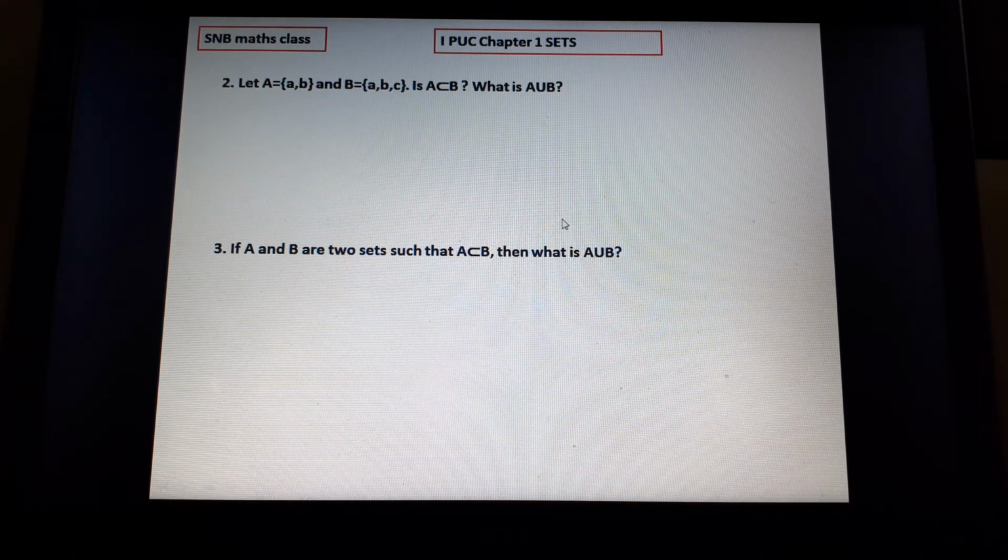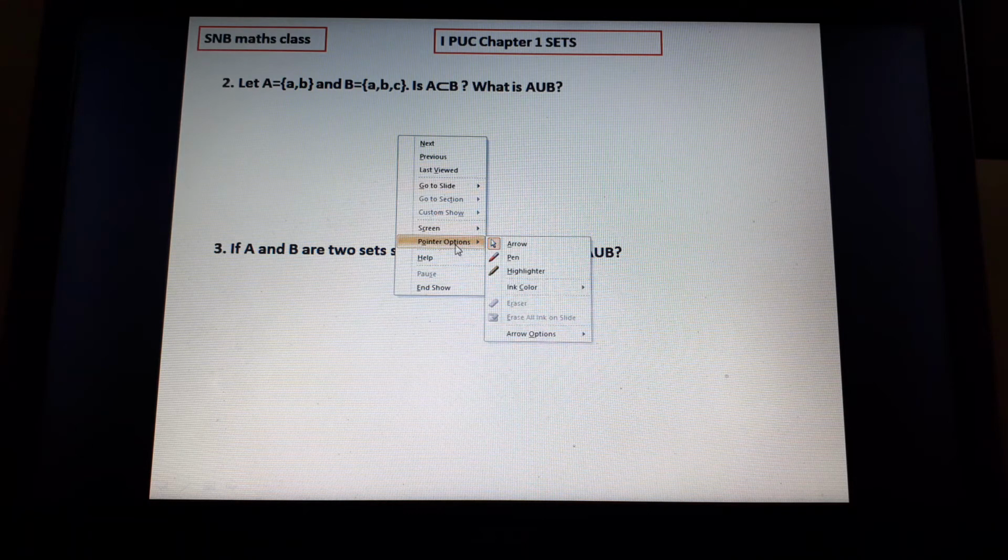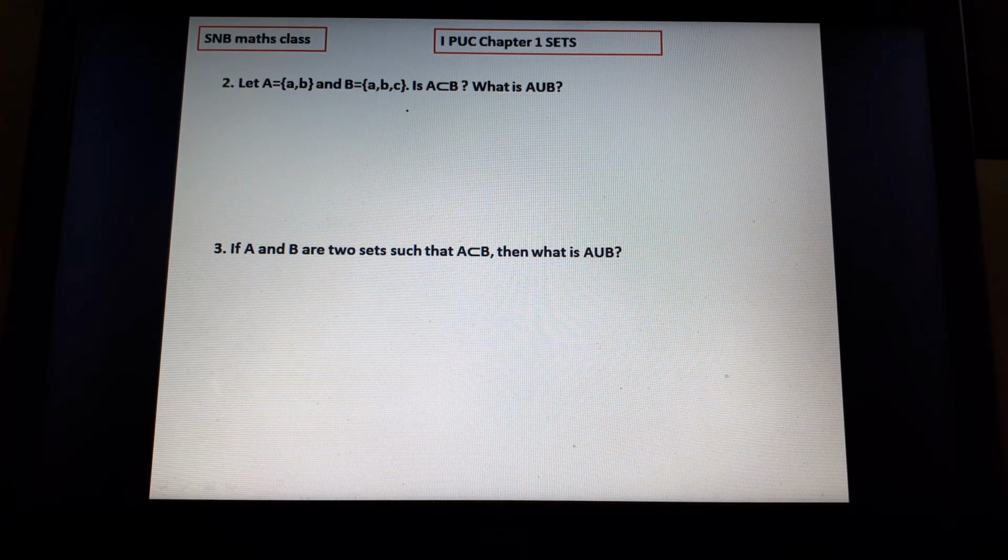Then the next question is, let A equal to {a, b}, B equal to {a, b, c}. Is A a subset of B? Very simple. a is there, a is there. b is there, b is there. So all the elements of A are in B. Definitely it is subset. What is A union B? What is the purpose of asking this question? This I have explained in the main lesson also.